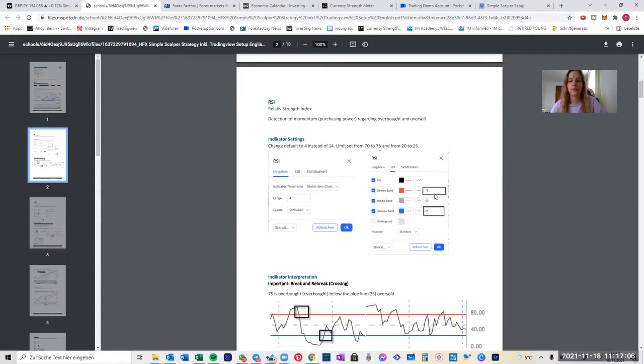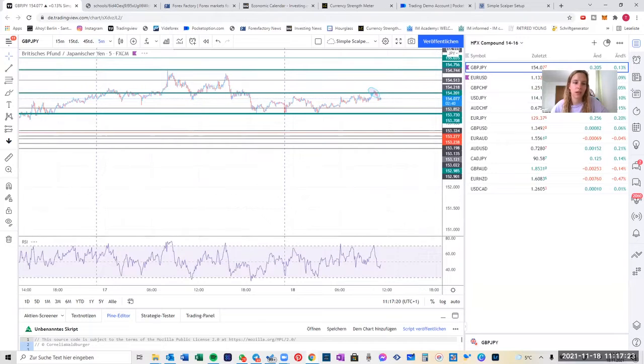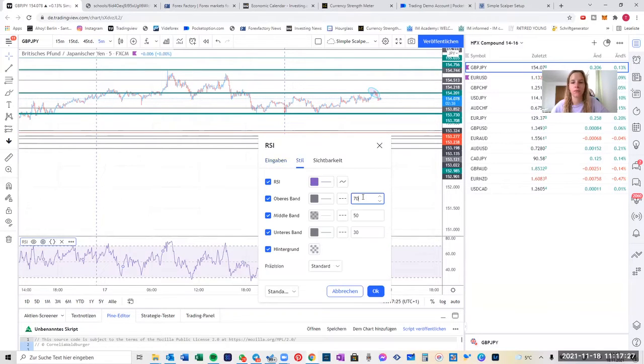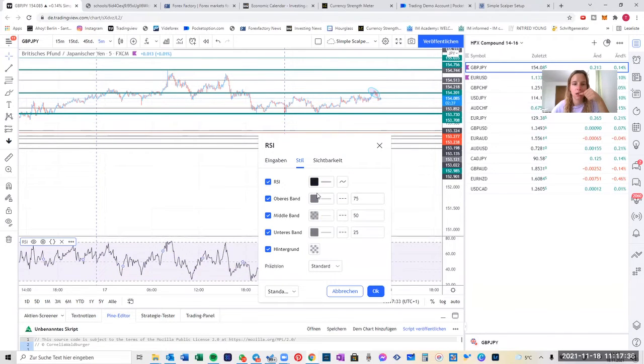We just change that to 75 and 25 because it gives you a little bit more room to breathe. This indicator shows you when the market is overbought and when it's oversold. So we do the settings and then go through all the stuff. So here 75 and 25. And then I make the RSI black.